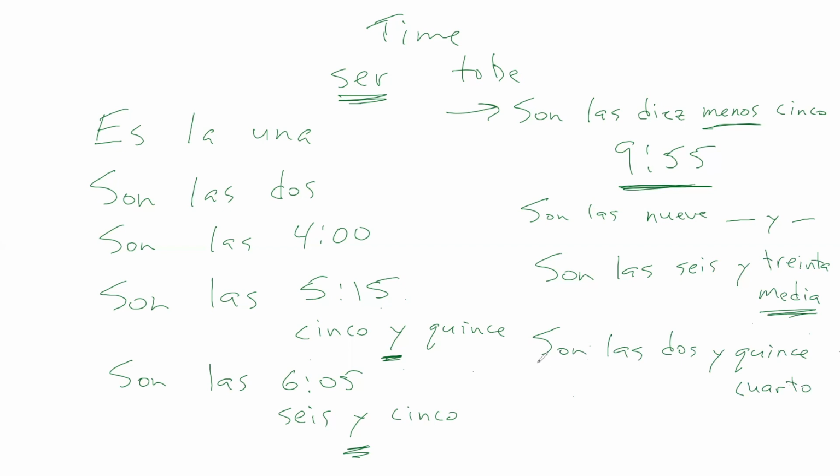Okay, so that would be it's 2:15, or it's 2:15, right? Or quarter past. So we can say cuarto or quince, and up here we can say media or 30. All right, so that's how we're going to tell time, right? And now let's look at another use of time.